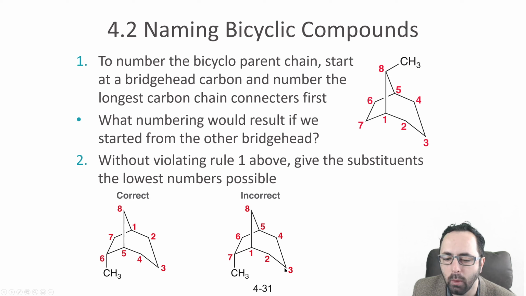Whereas if we number around the other way, we get to the methyl branch at number 7. And so in terms of assigning locants, you'll want to do this in such a way that you end up getting to the branch with the lowest number first.